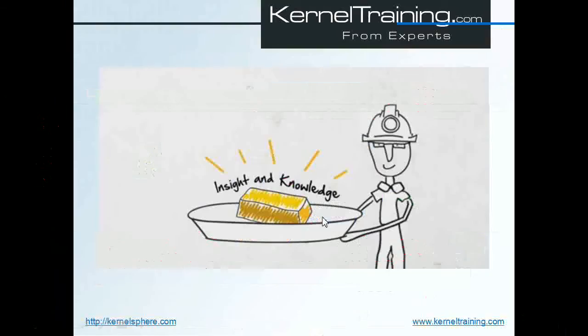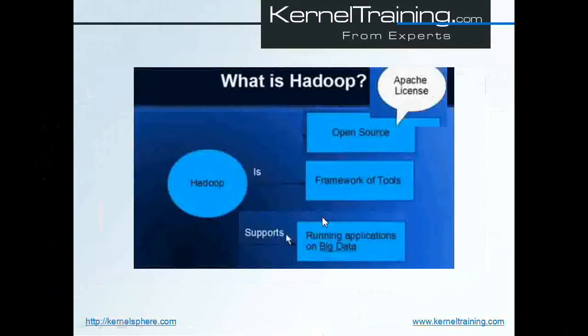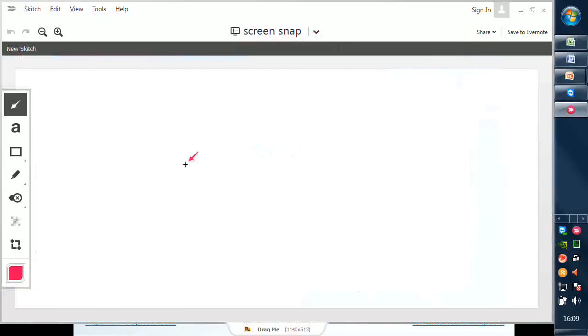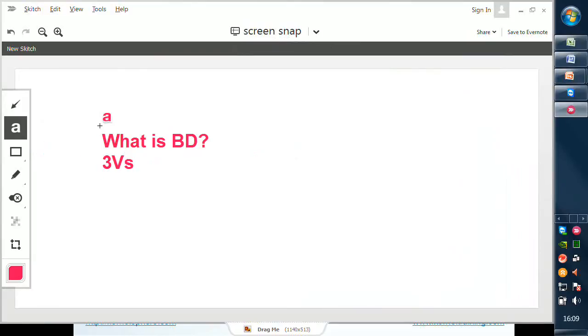Having said that, let's move on here. Let's have a quick look at what is Hadoop, guys. Until now, we have tried to understand what big data is, and short and sweet, it's about the 3 V's. Then we looked at the traditional architecture. What do you have?